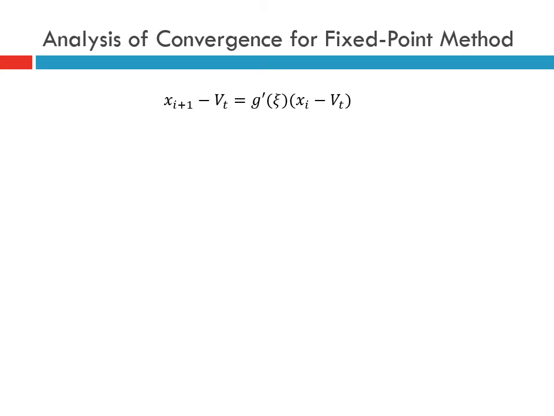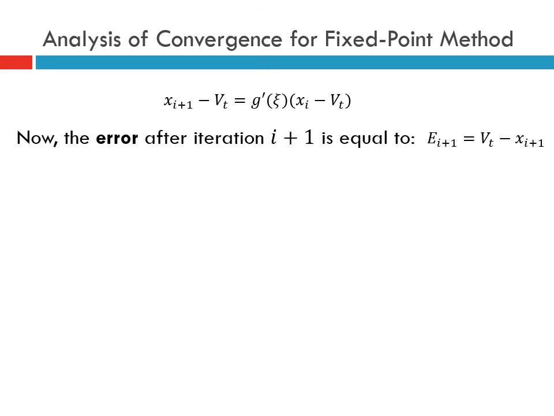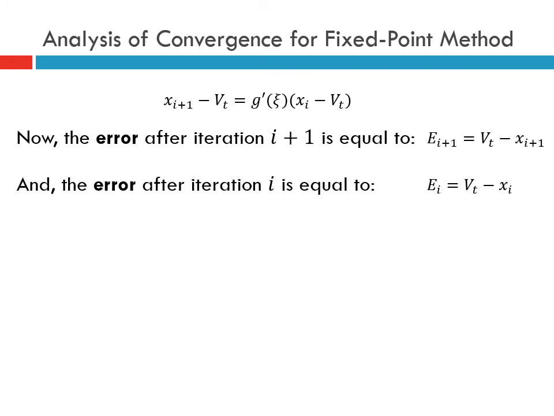So now we've got this expression here, and the error after iteration i plus 1, capital E i plus 1, is vt minus xi plus 1. So it's the true value minus our approximation. Similarly, the error after iteration i is again our true value minus our approximation, where here our approximation is xi.